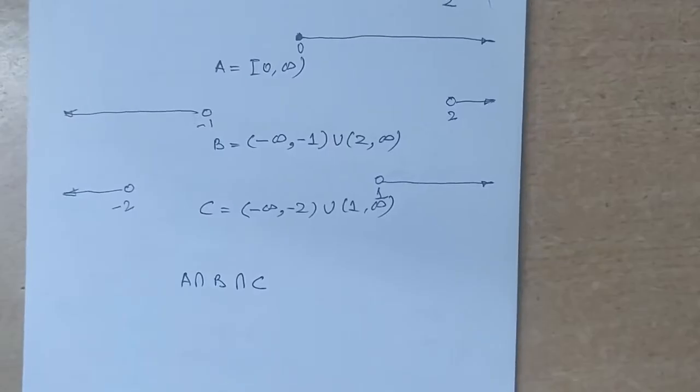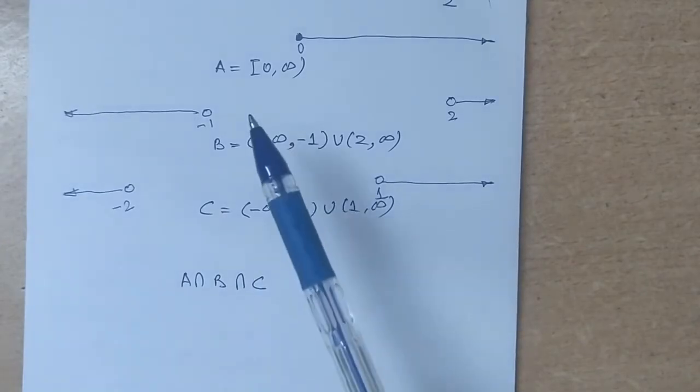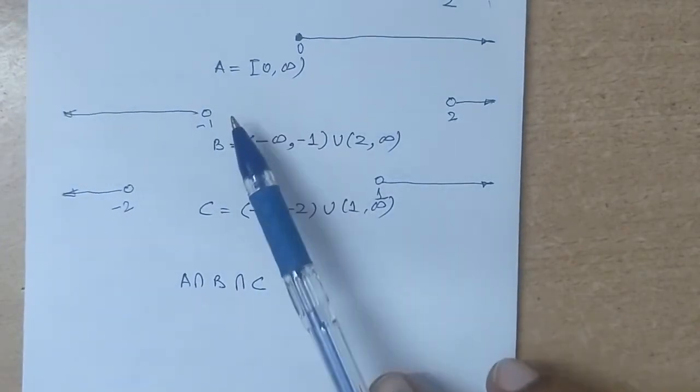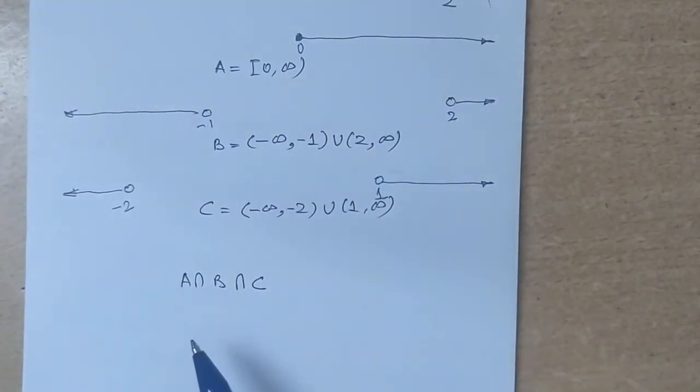Now, with the help of the number line representations of A, B and C, we shall draw A intersection B intersection C. First of all, we will check the critical points.